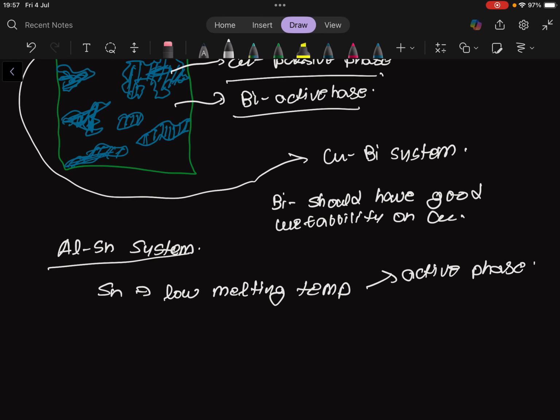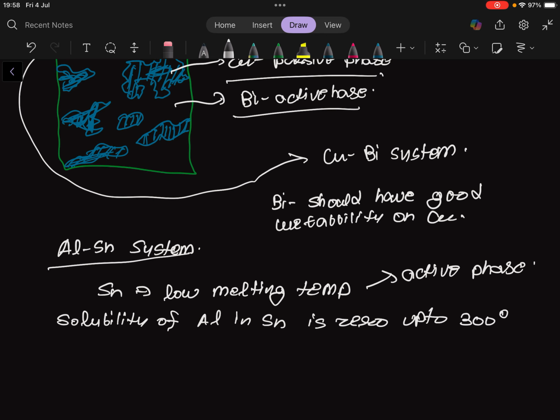The solubility of aluminum in tin is practically 0 up to 300 degrees Celsius. So we are able to use tin as PCM up to this temperature.